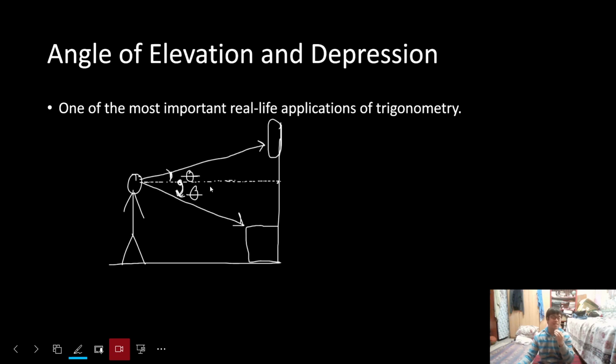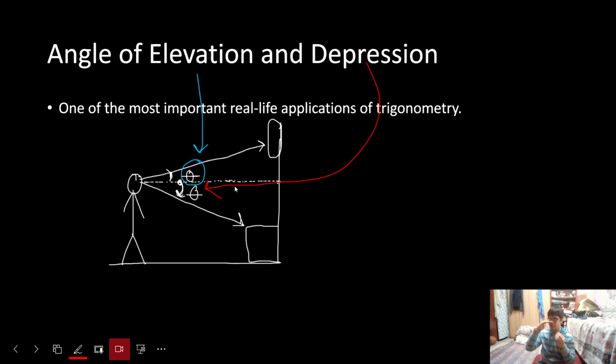If we have an angle that is above the horizontal line, which is this one, that is your angle of elevation. On the other hand, if you have an angle that is below the horizontal line, that is your angle of depression. I hope you get the difference between the two.